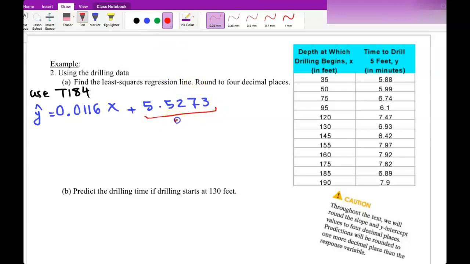So this is y-intercept. So our y-intercept is, for x equal to 0, y is 5.5273. And here is slope.